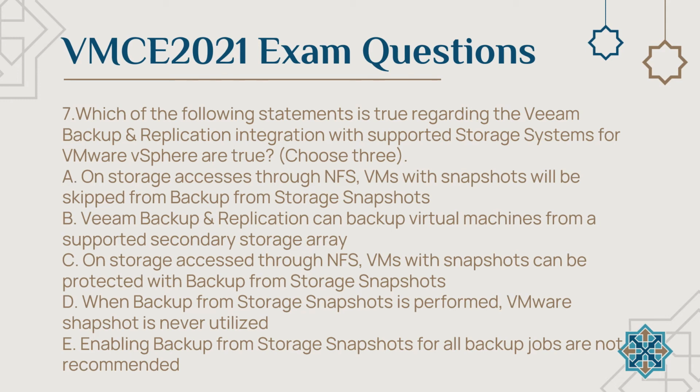C. On storage access through NFS, VMs with snapshots can be protected with backup from storage snapshots. D. When backup from storage snapshots is performed, VMware Snapshot is never utilized. E. Enabling backup from storage snapshots for all backup jobs is not recommended.